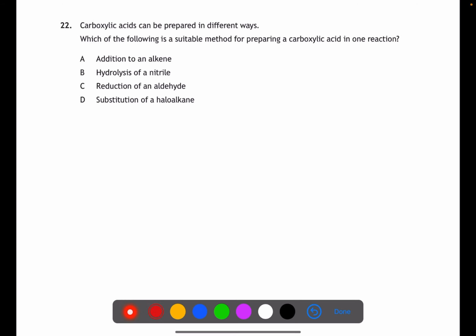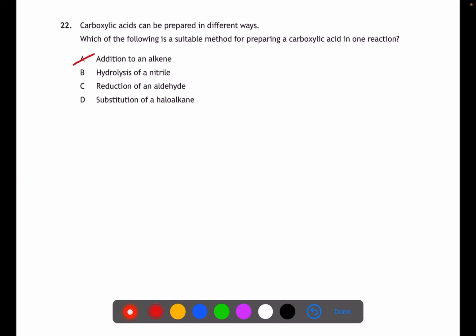Question 22. Carboxylic acids can be prepared in different ways. Which of the following is a suitable method for preparing a carboxylic acid in one reaction? If you were to try and make a carboxylic acid by addition to an alkene, you would not be able to go all the way to making a carboxylic acid. You would be able to add something across the double bond, but then you would still have to do an oxidation.